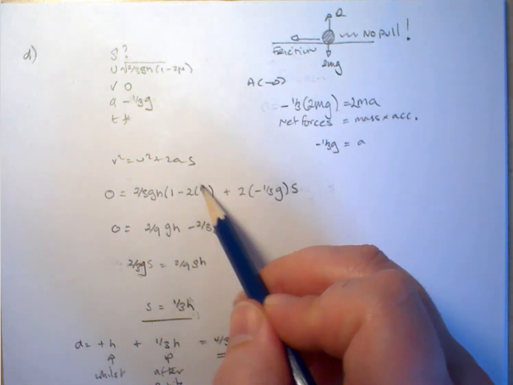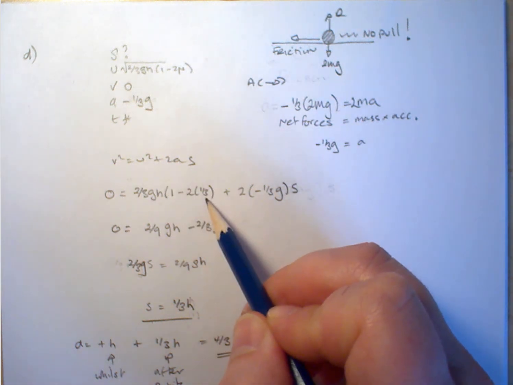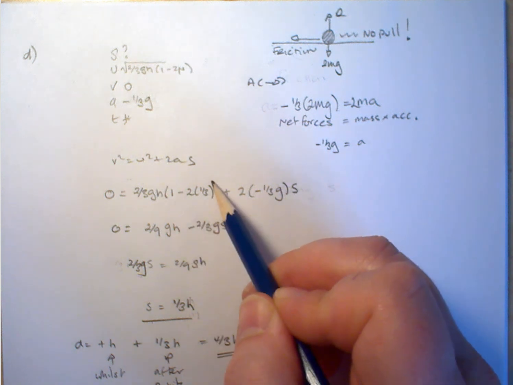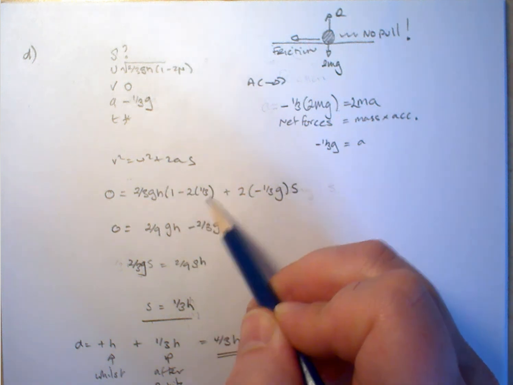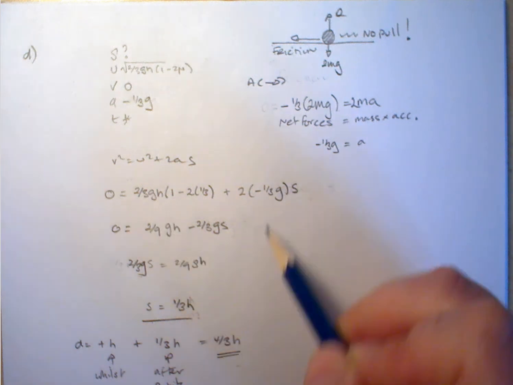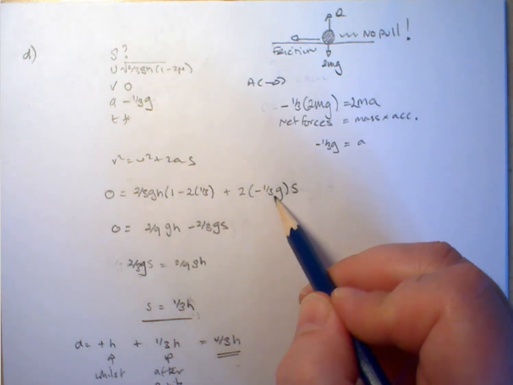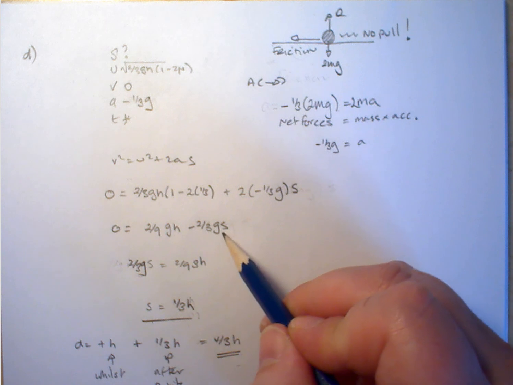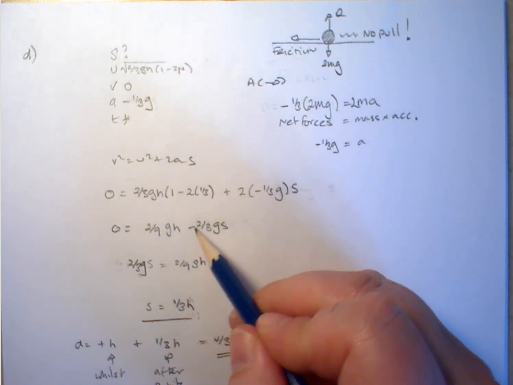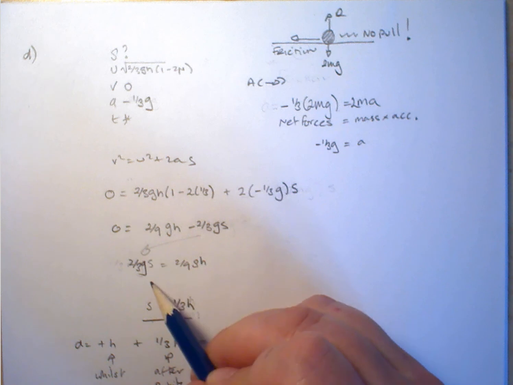Now u, because we know that mu is a third, I've got this which gives me 1 take away 2/3 is a third, and a third with that gives me 2/9 gh. And here I get minus 2/3 gs. Remember, s is what we're trying to work out. So to make this positive, I'm going to move that over to the positive side and then divide through by 2/3 g.